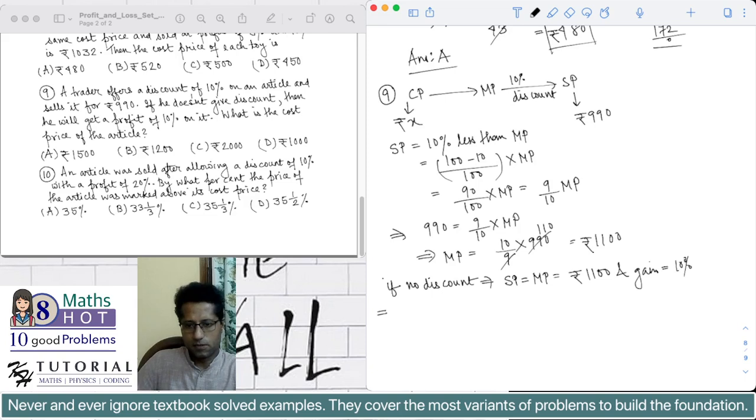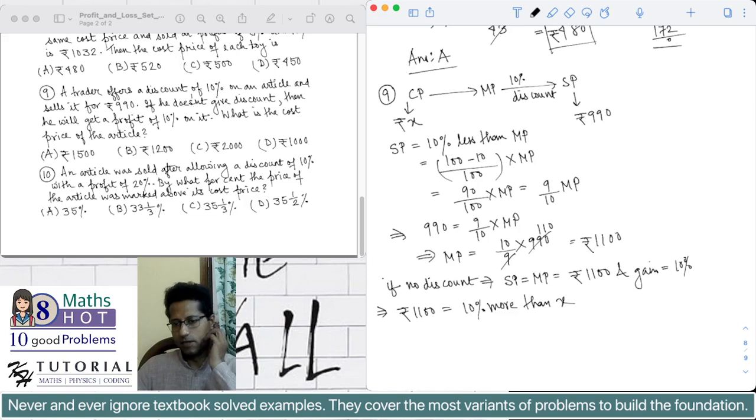So this implies that rupees 1100 has to be equal to 10% more than X, where X we have assumed to be the cost price. Why?